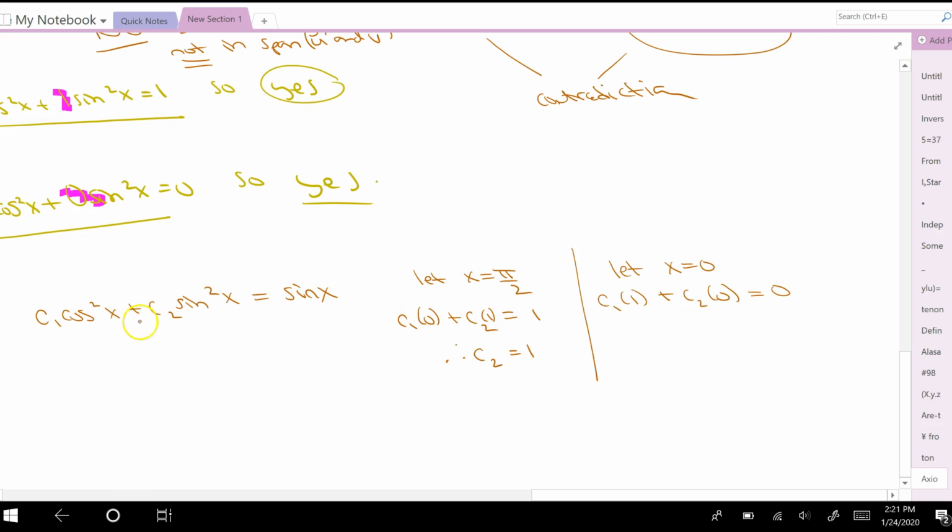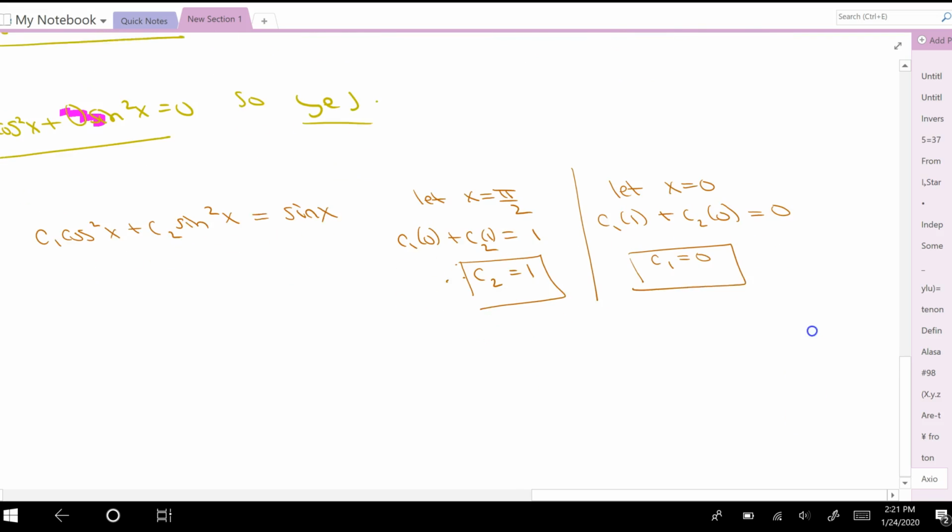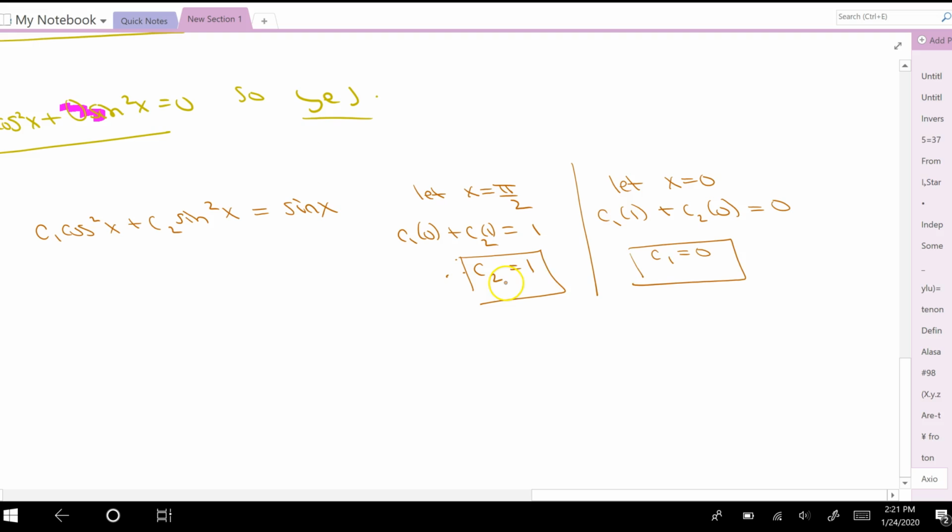Because a linear combination, when I have those constants, has to be true no matter what x is, right? When x equals 0, I get c2 times 0 equals 0, so c1 equals 0. It would be very easy for me to say, yes, it is a linear combination because c1 equals 0 and c2 equals 1. The problem is that you've not checked enough.